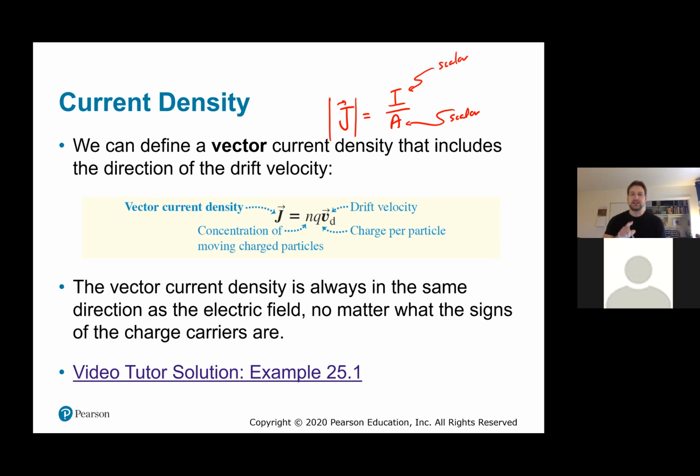What current density results from a particular electric field in a particular medium? So we set up a particular electric field from one side to the other of this, I don't know, this pipe, this conductor, and it's made of something, some substance, right?